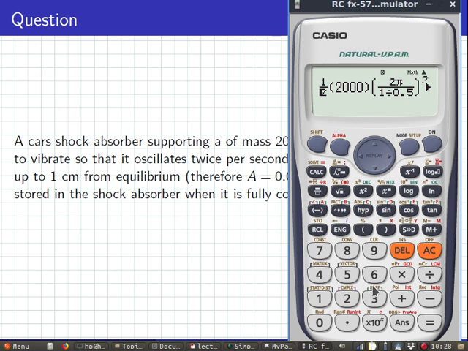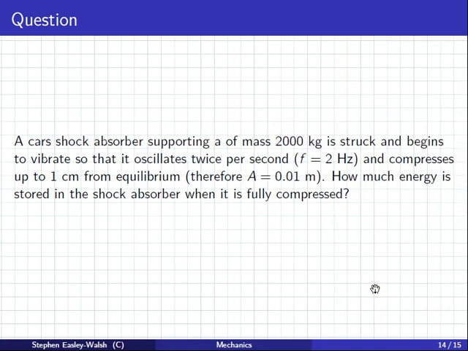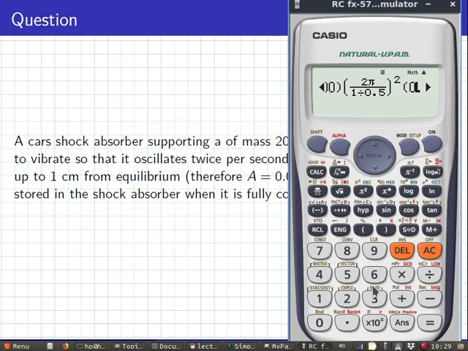A half, 2000 M, omega squared, 2 pi over T, and T is 1 over F. No, wait. 4 pi squared, and then 0.01 squared. 15 pi. Well, how come my calculator is saying this? Can I see the question? The hertz is 0.9. You wrote 0.5. Ah.